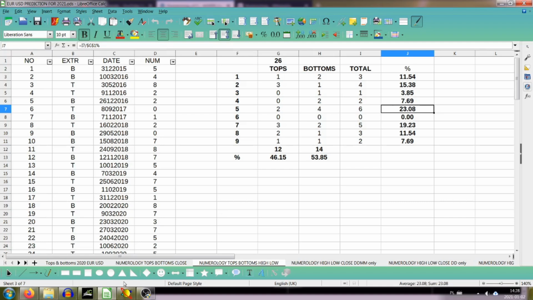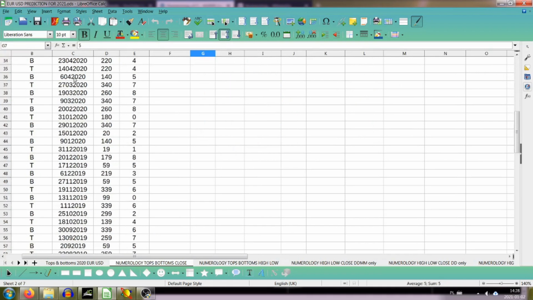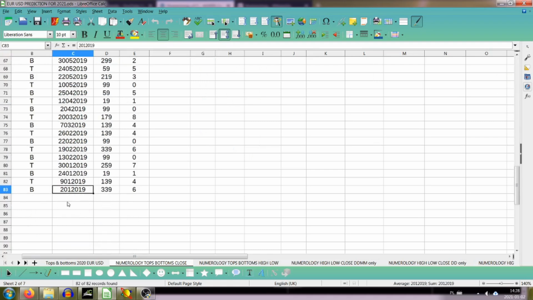The previous one has been calculated based on the closing prices. So here, every one of this one between 2019 and 2020, it starts here from the 2nd January 2019, sorry.